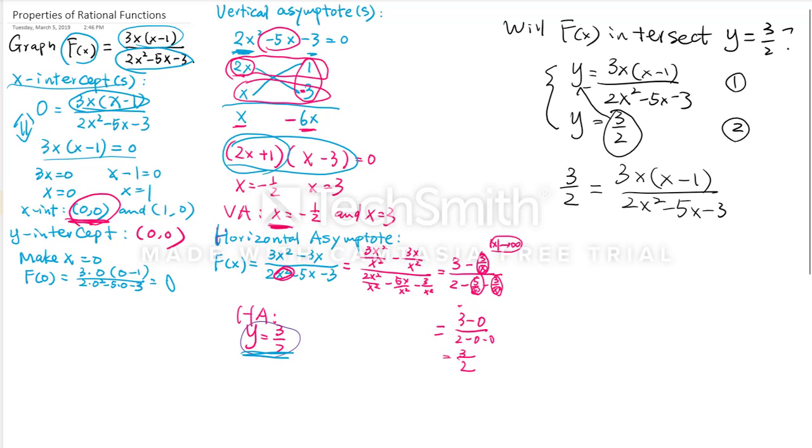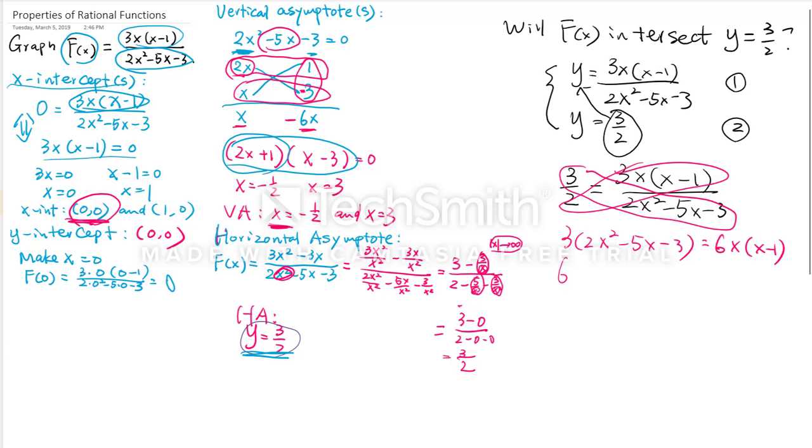To solve this equation, you can cross multiply, which will give you 3 times 2x squared minus 5x minus 3 equals 2 times 3, that's 6, x times x minus 1. All right, let's expand this equation. We have 6x squared minus 15x minus 9 on the left side. On the right side is 6x squared minus 6x. Okay, so 6x squared and 6x squared cancel out.